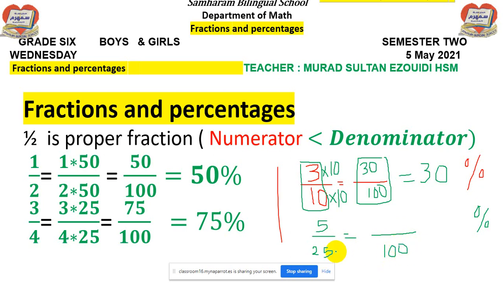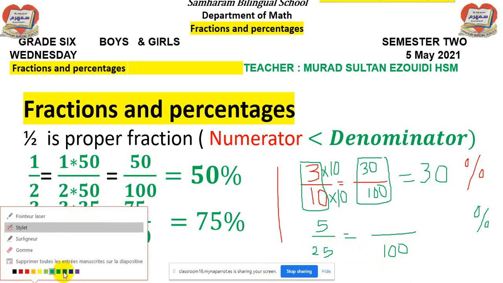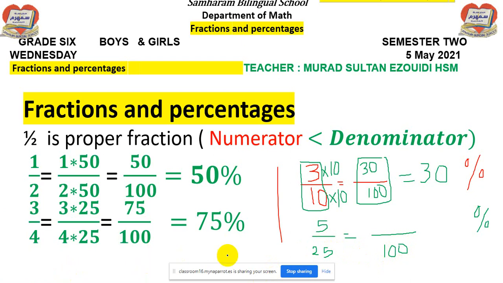You should multiply the first fraction by what? By 10? Are you sure? I multiply by 10 for the other one because 10 by 10 is 100. But this one, my daughter, 25 multiplied by what gives 100?